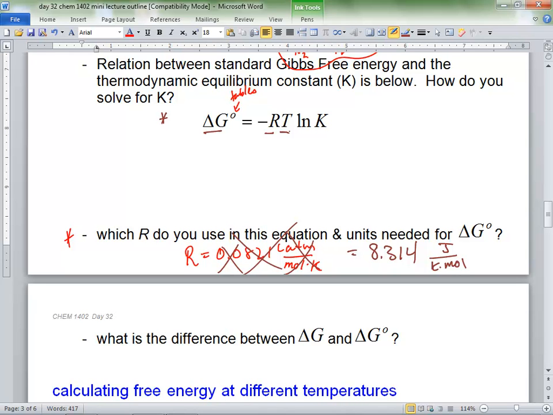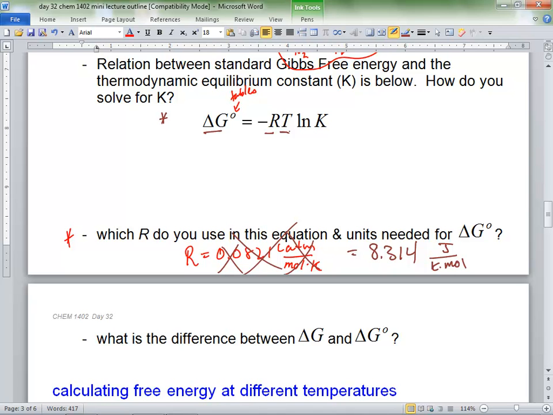Add 273. Do you see the conflict? R is in joules for energy, delta G is in kilojoules. So convert one or the other: either convert the kilojoules to joules or the joules to kilojoules.